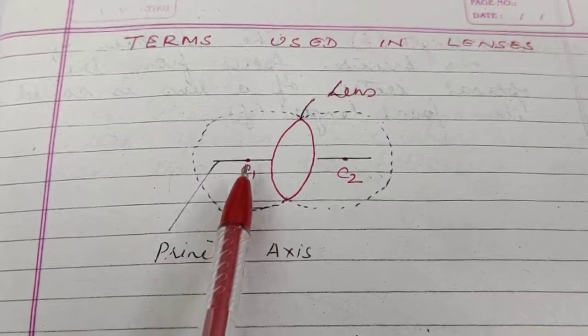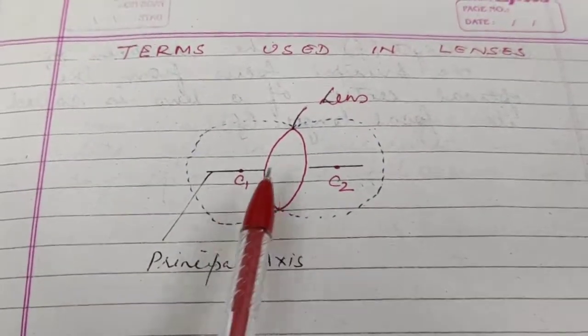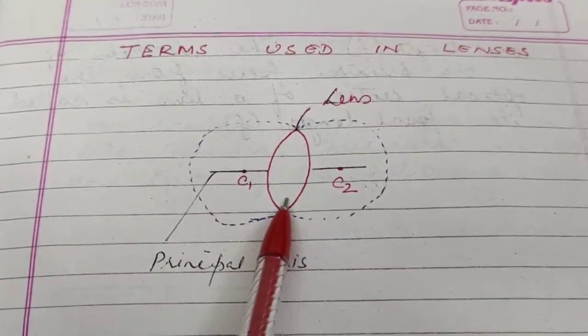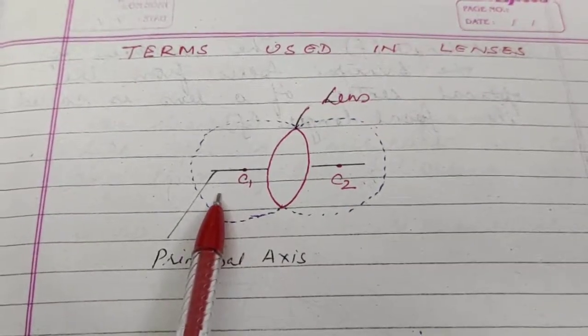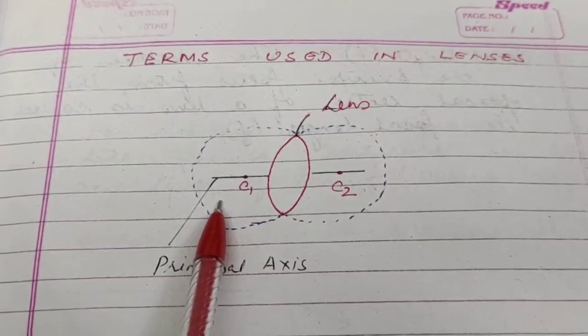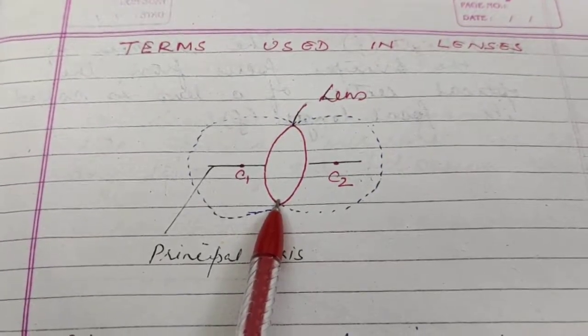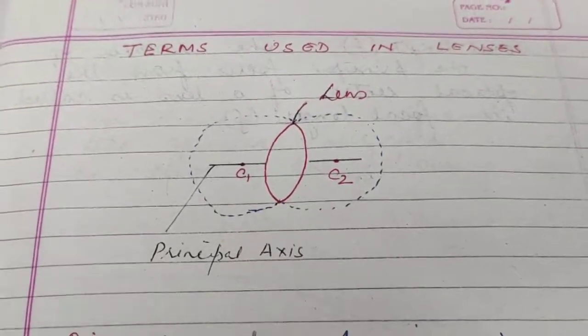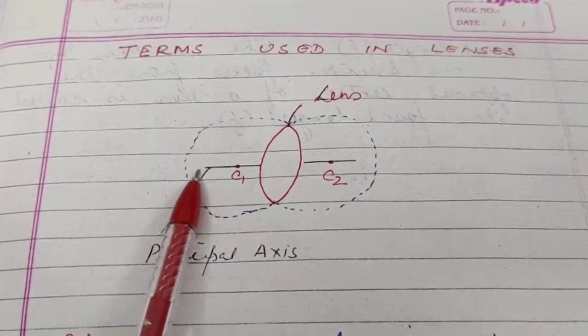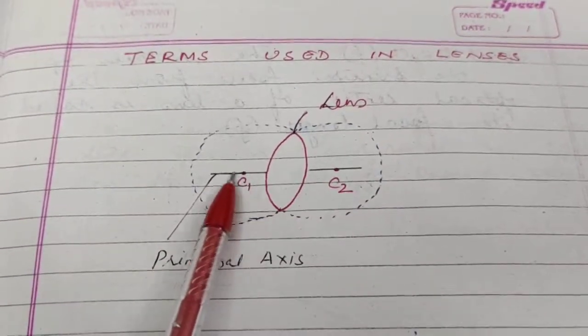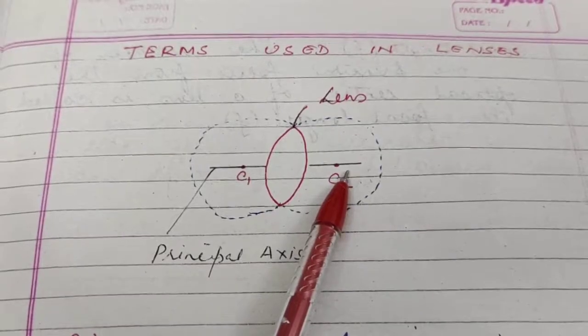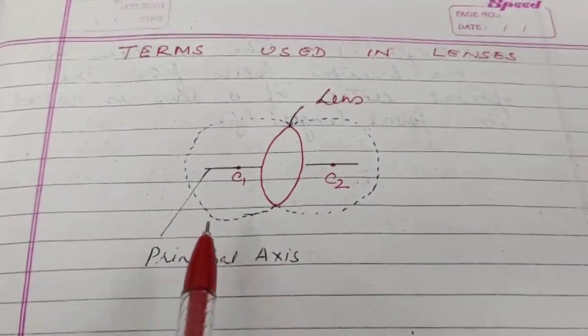The centers of these spheres, of which the surfaces form a part, are called the centers of curvature of the lens. So the principal axis is the imaginary straight line passing through the two centers of curvature of the lens.